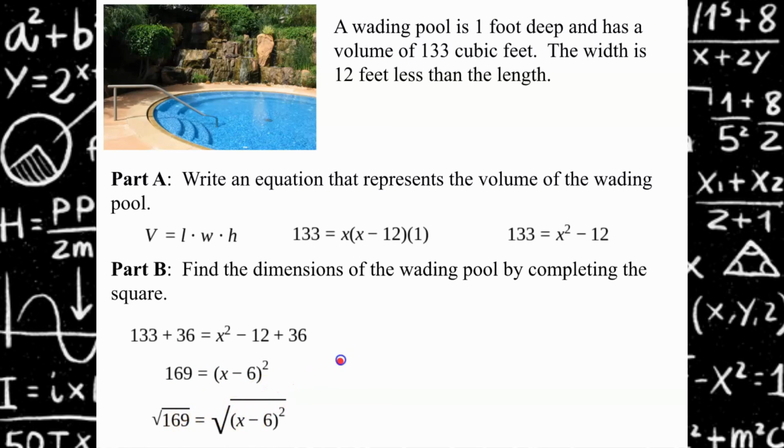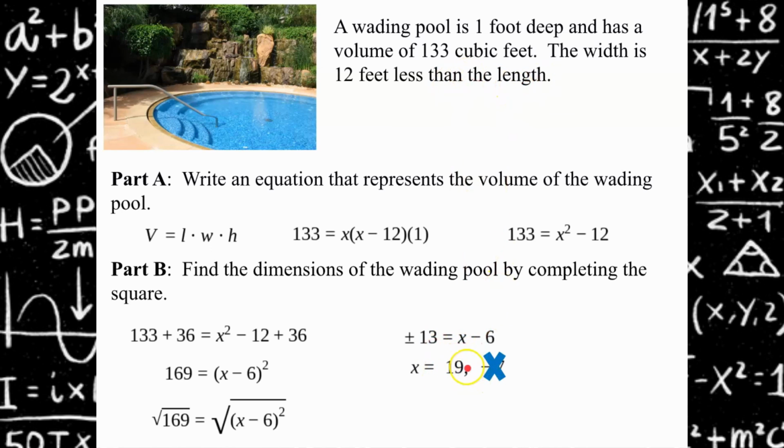Square root of both sides, positive and negative 13 equals x minus 6. Add 6 to both sides, and you get the roots of 19 and negative 7. Because this is a real-world problem, this is an extraneous root that we don't need because we know that the length cannot be a negative value, and x is equal to my length.